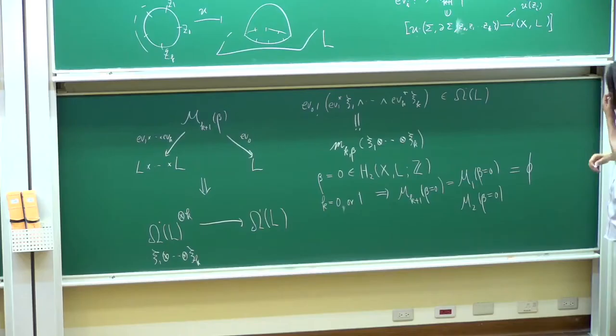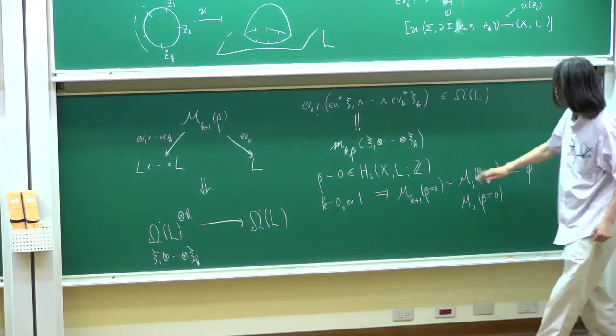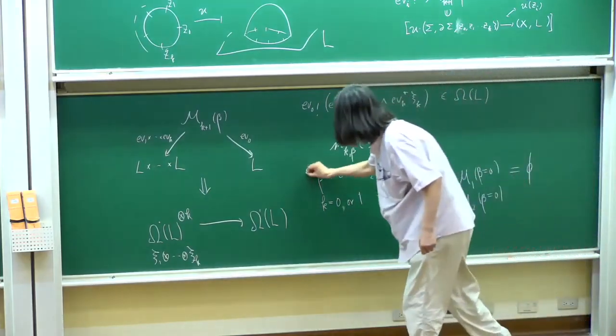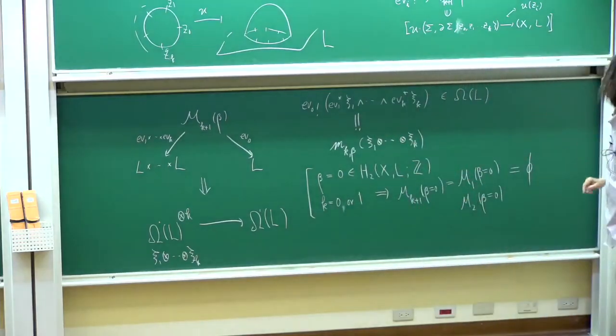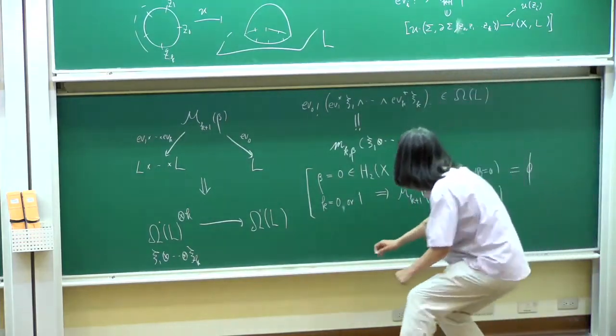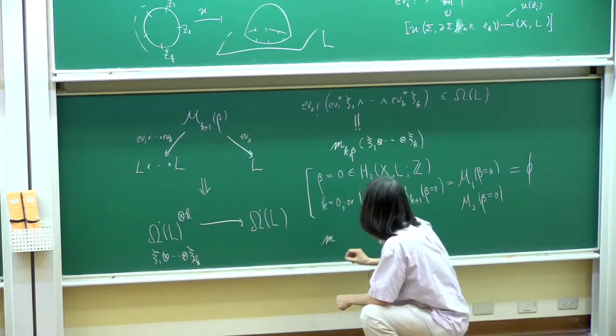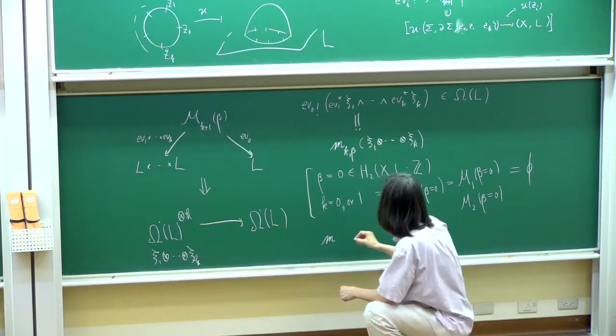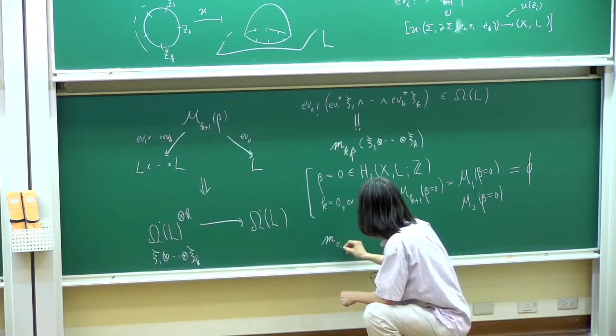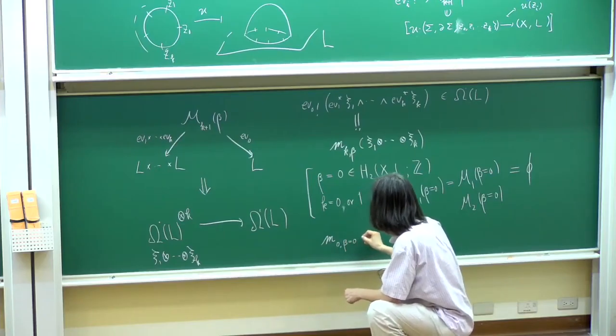Right? So therefore there is no stable one. So in this case we don't really use this. And so we define this M_1, M_0, beta equal to 0 case, then I just put it 0.